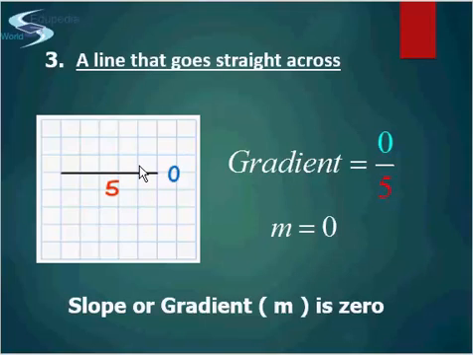The vertical change is 0, because the line starts here, doesn't go up or down, and goes in the same direction. It does not change y, it only changes x. So we have 0 over 5, and that gives a gradient of 0. Remember this rule: horizontal lines will always have a gradient of 0, and this is the proof for that.